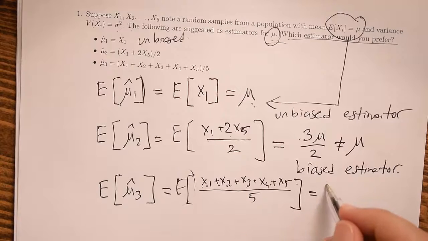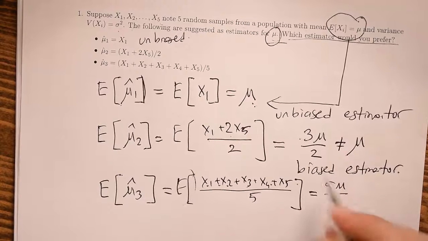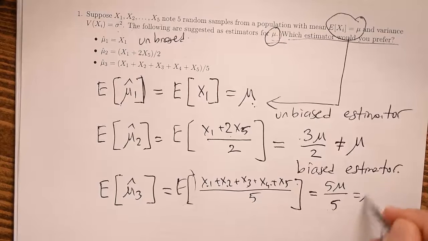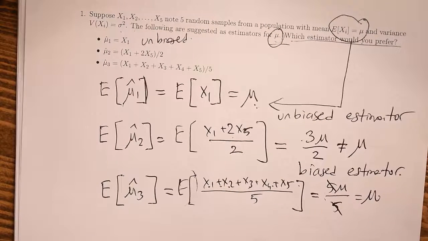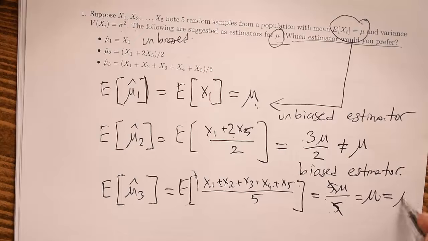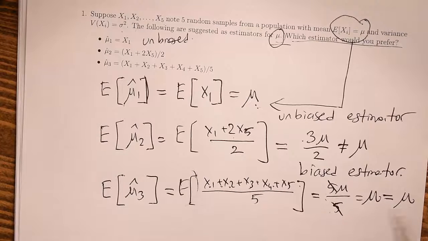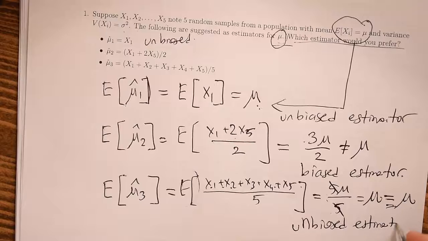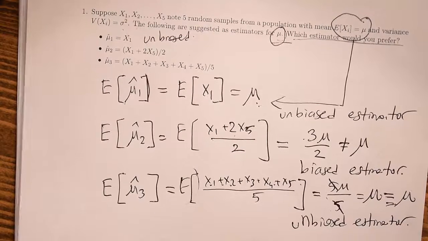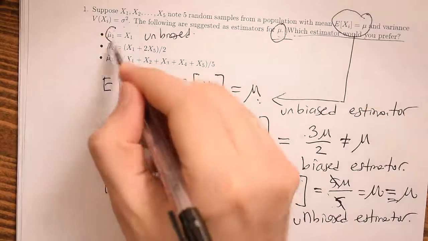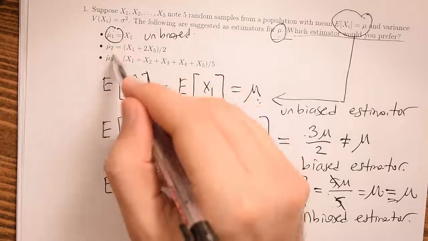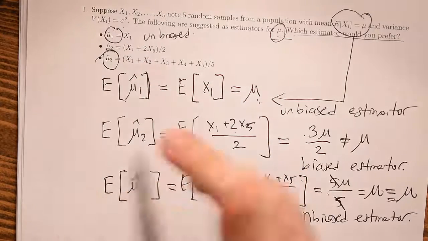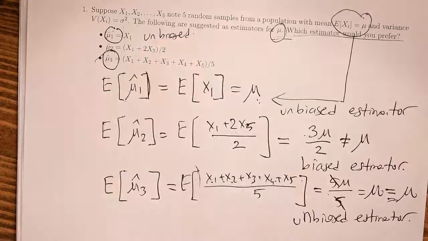So it's going to give you 5 mu over 5, which is equal to mu, also equal to the population parameter mu. So this equality holds, and we conclude that it's an unbiased estimator. So we have 2 unbiased estimators, mu1 hat and mu3 hat.